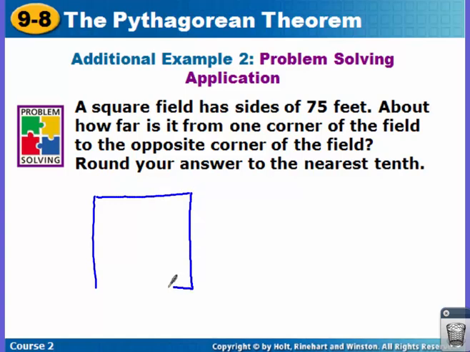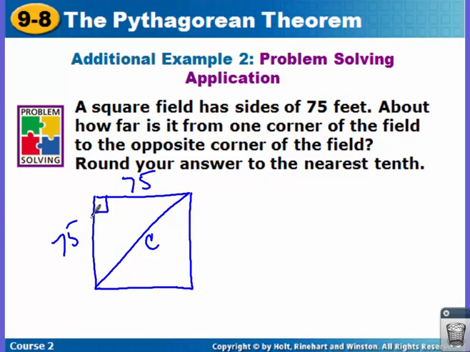It's a square, and the sides are 75. If it's a square, all sides are going to be 75. And it says how far is it from one corner of the field to the opposite corner of the field? This is known as a diagonal. And the diagonal in this case is our c. It is our hypotenuse.